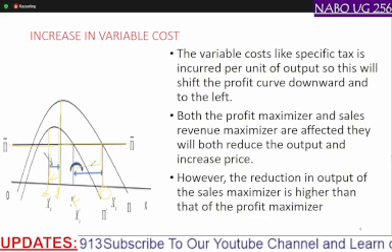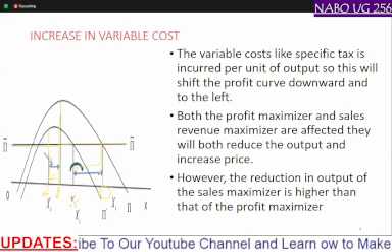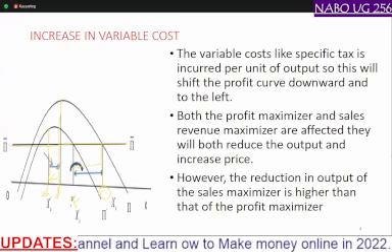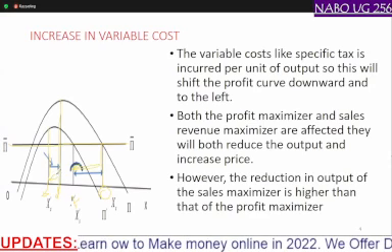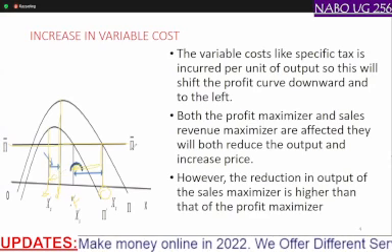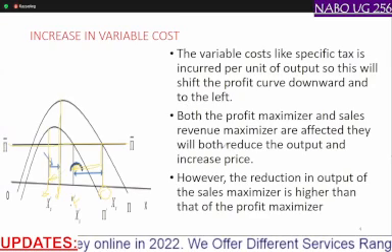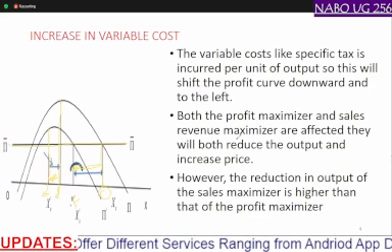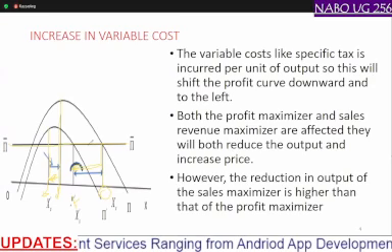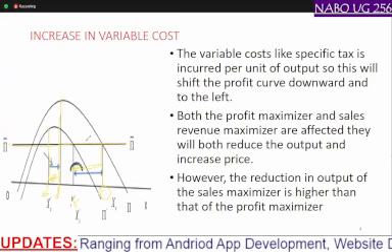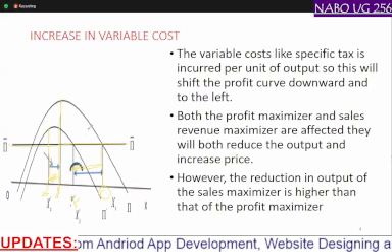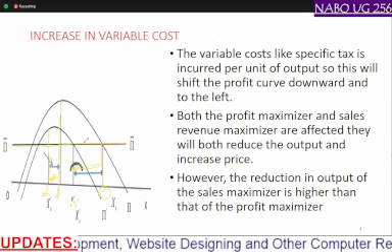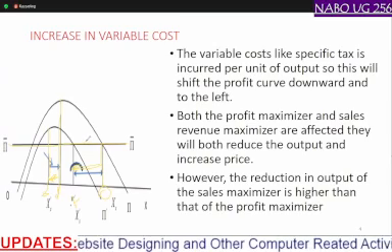When you compare the reduction in output of a sales revenue maximizer, it is much bigger than the reduction in output of a profit maximizer. Which means that the variable cost increase affects both the sales revenue maximizer and the profit maximizer, in contrast to the fixed cost, which only affected the sales maximizer because it reduced output.